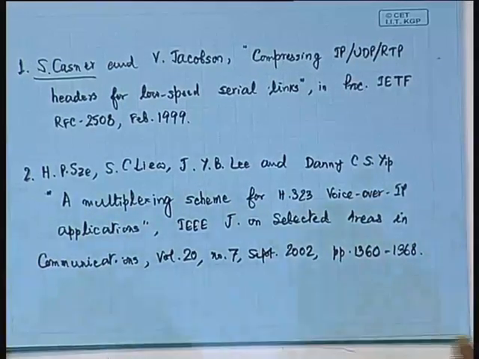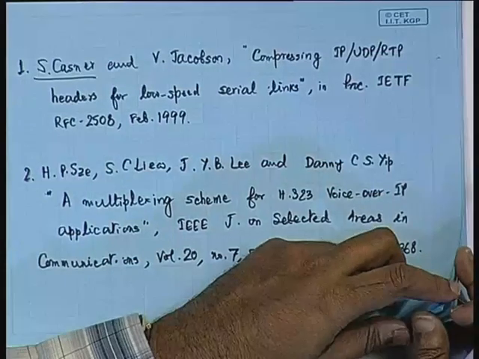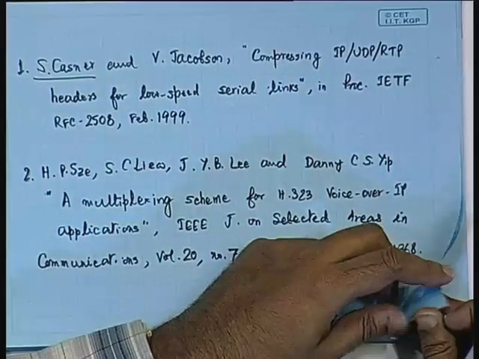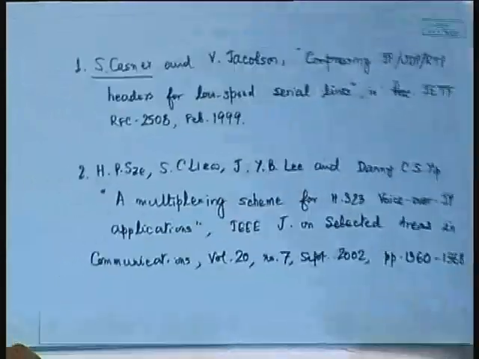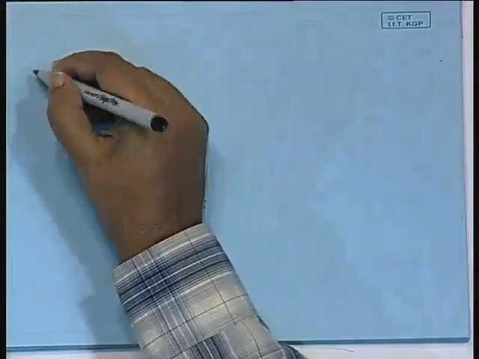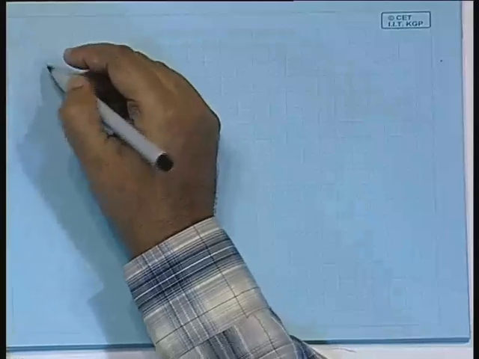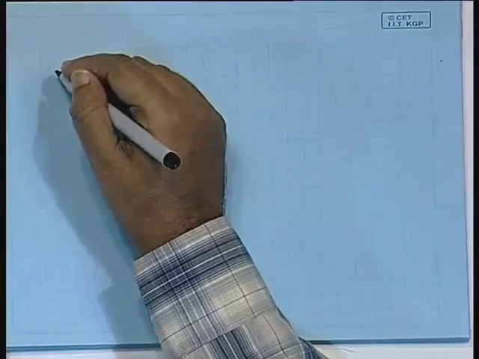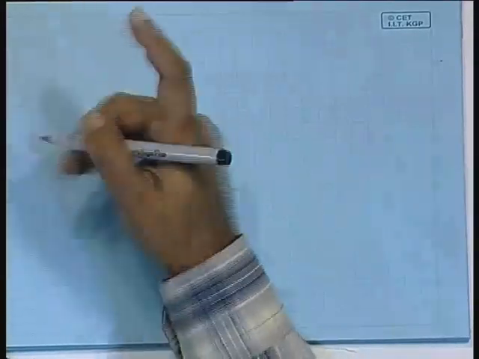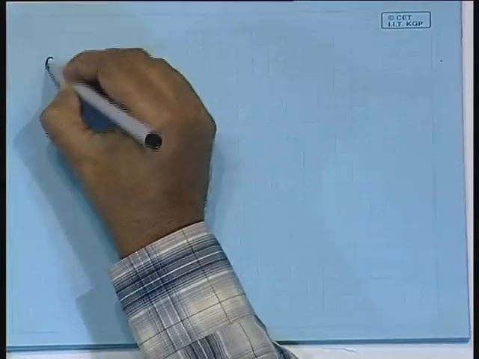Now, I was trying to tell you about the basic philosophy behind the header compression. Casner's algorithm basically takes advantage of two properties in most types of RTP streams.